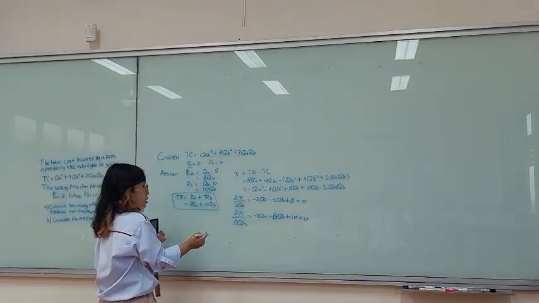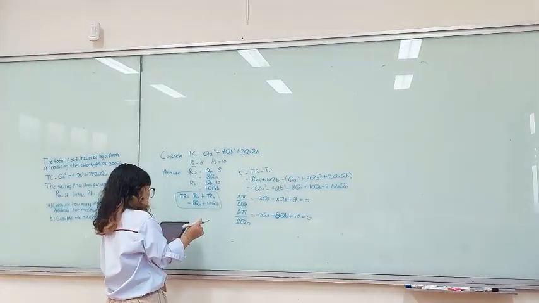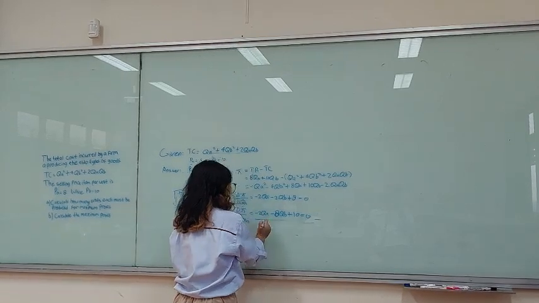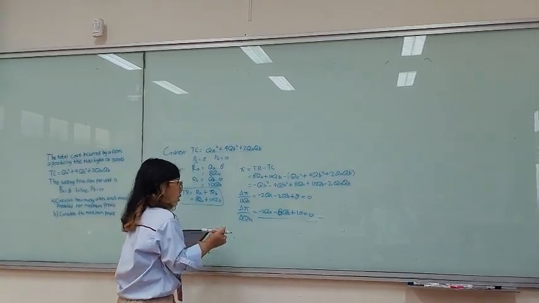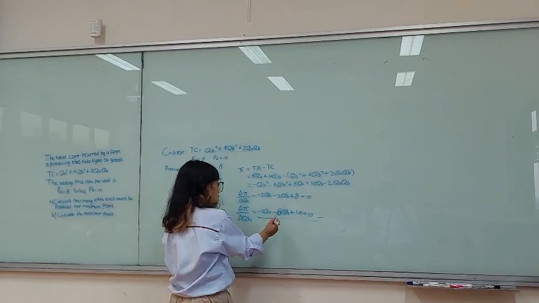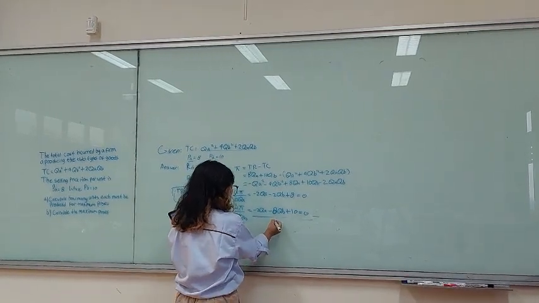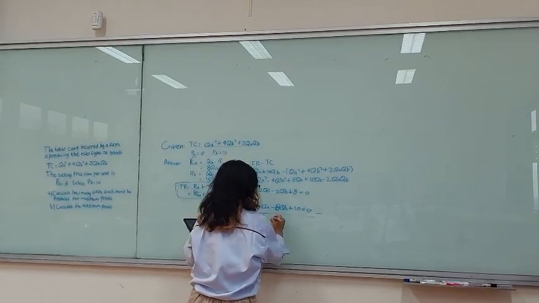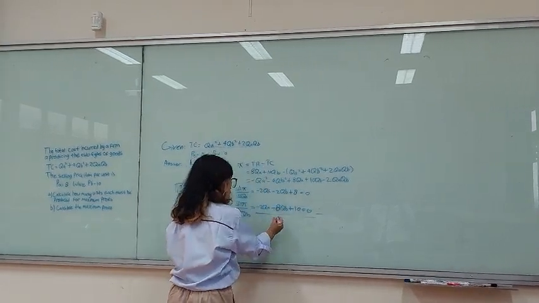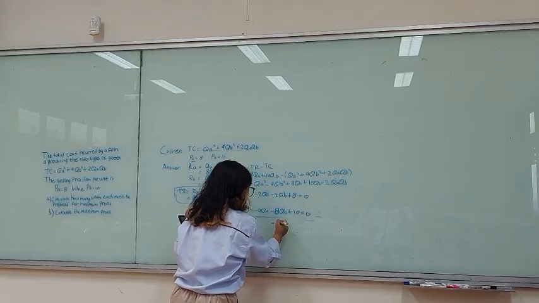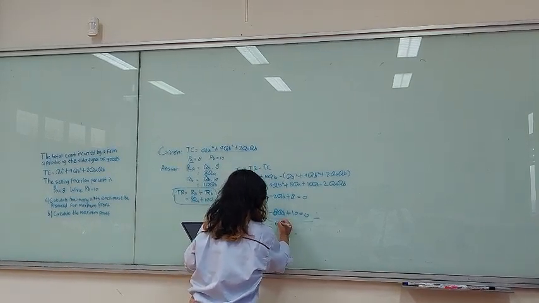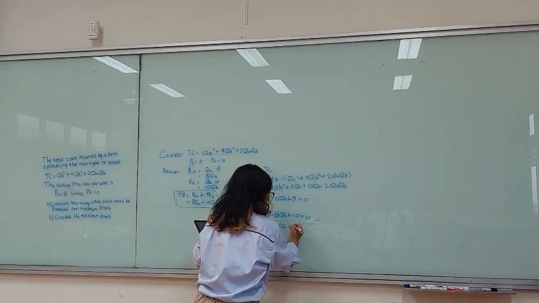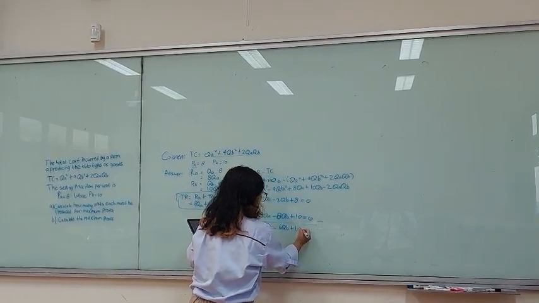After this, we eliminate this, so the answer is minus 6QB plus 2.